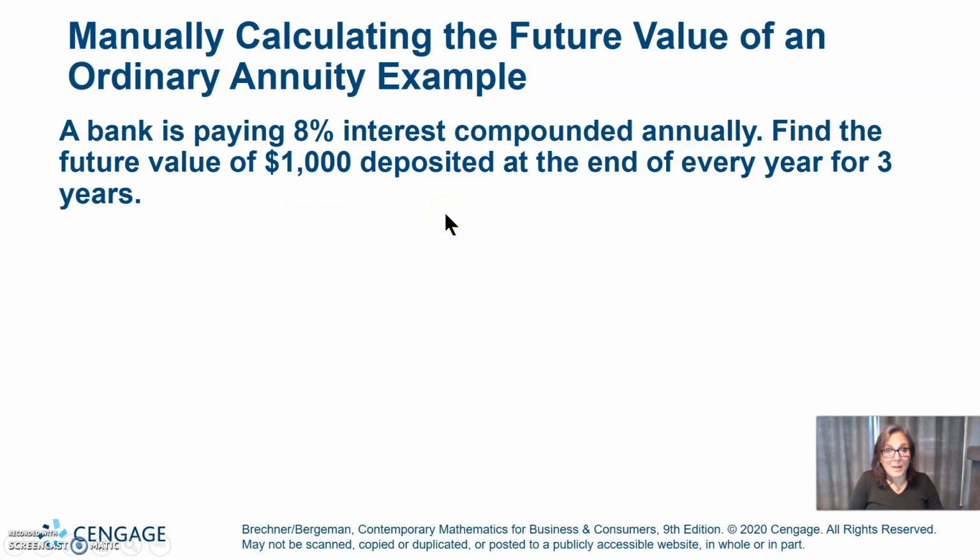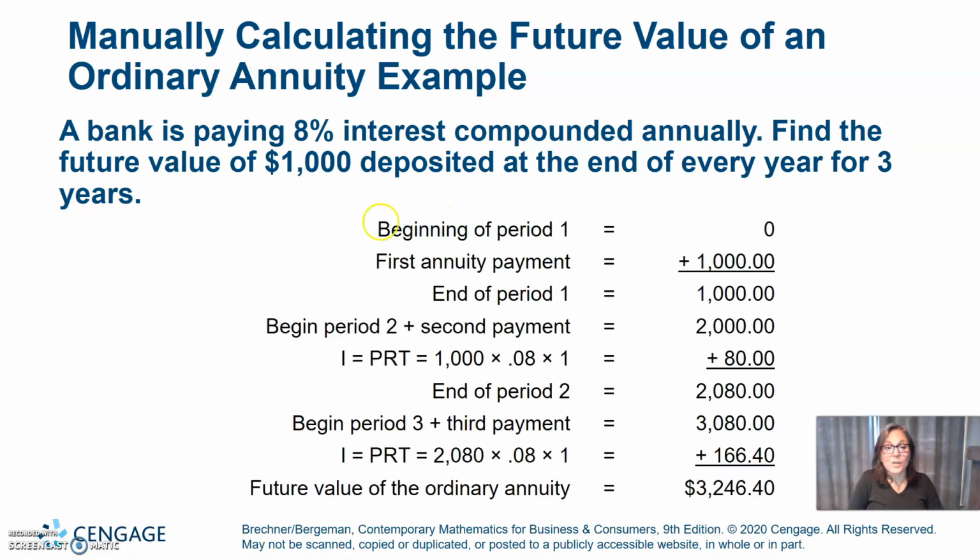So you can stop it and calculate this, and then play. So at the beginning of the period, there's nothing. At the end of the first year, the annuity is paid. There's no interest on that because it was put in at the end of the period. So then we start the second period.